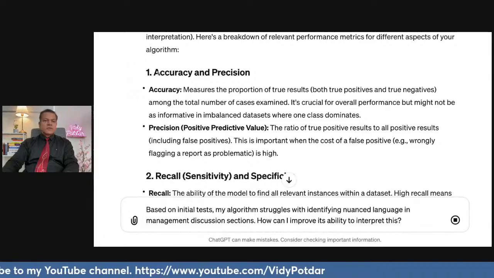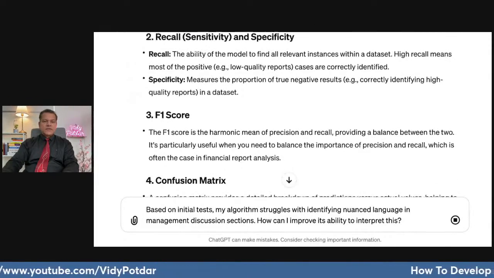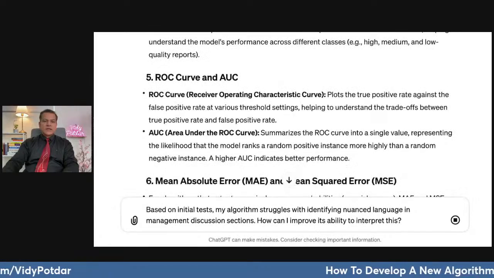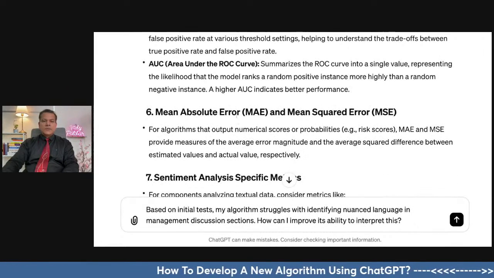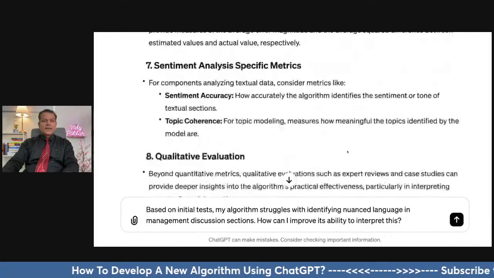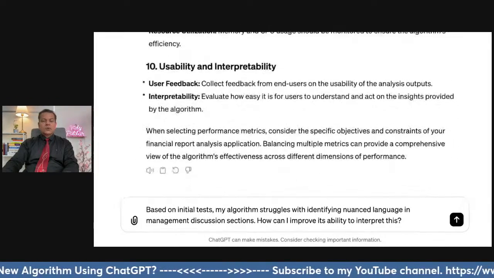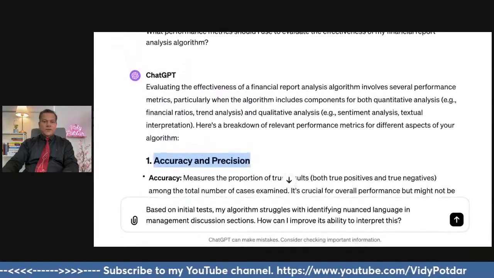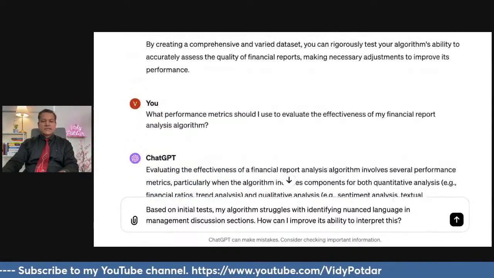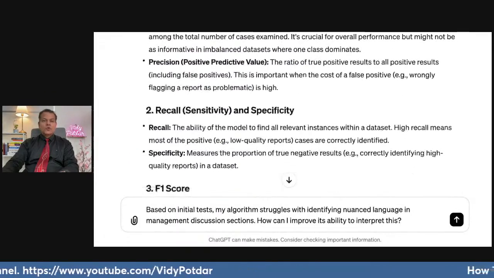So here it says accuracy and precision is one metric, recall and specificity, F1 score, confusion matrix, ROC curve and AUC, area under the ROC curve, mean absolute error, mean square error. So these are all the different parameters that will be used to assess the performance of your algorithm, right?